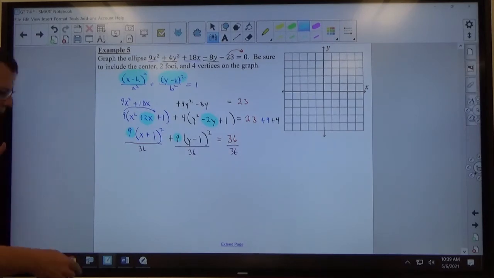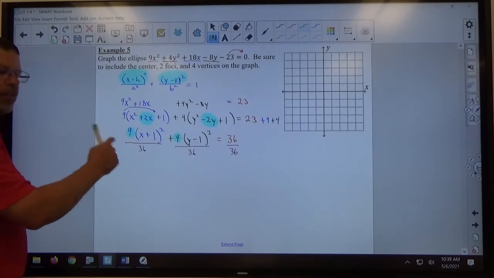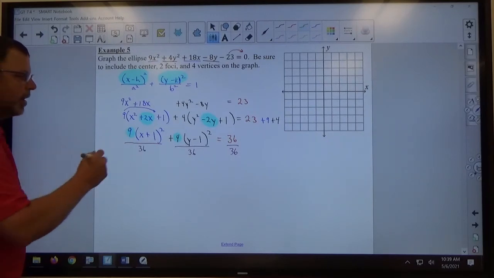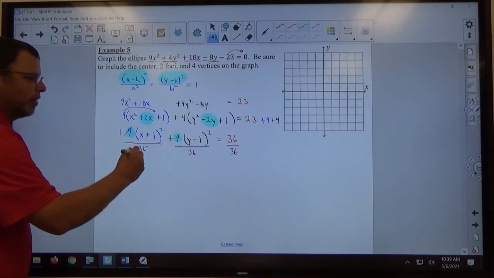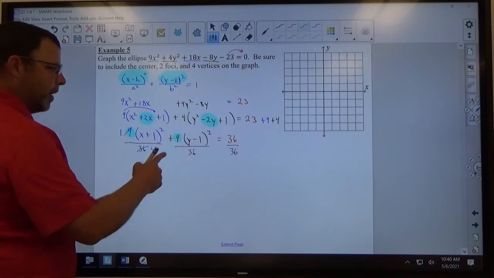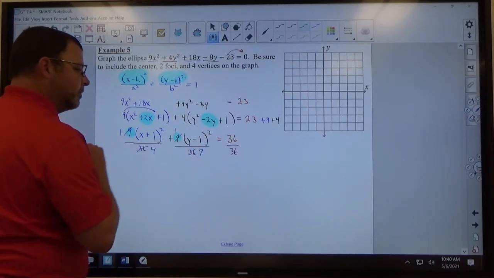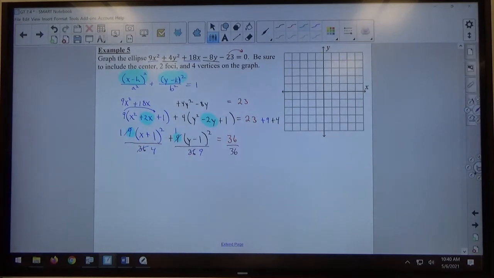The first thing could be that these happen to be reducible. Can we see 9 and 36 both divide by 9 evenly? 9 divided by 9 is 1. 36 divided by 9 is 4. Same thing here. 4 divided by 4 is 1. 36 divided by 4 is 9. That's the first thing that could happen, possibly.